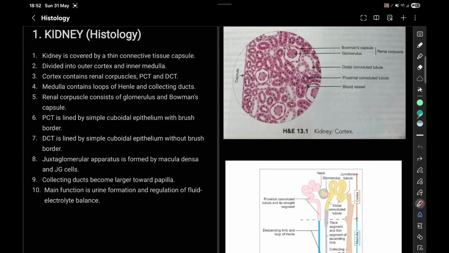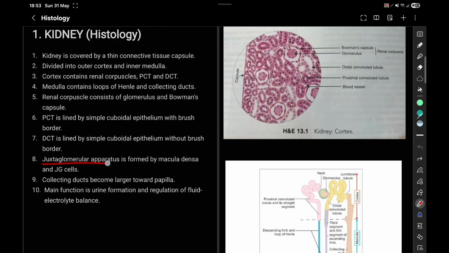So this is important. PCT has brush bordered epithelium and DCT doesn't have brush bordered epithelium, but both are simple cuboidal epithelials. Okay, so this is our DCT without brush border but simple cuboidal epithelium.